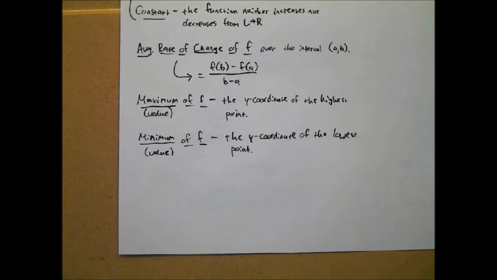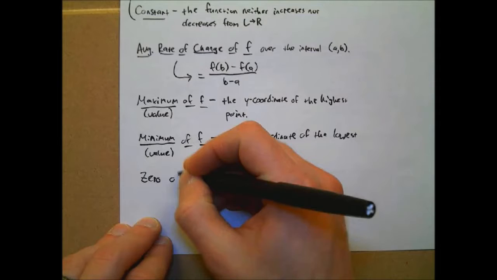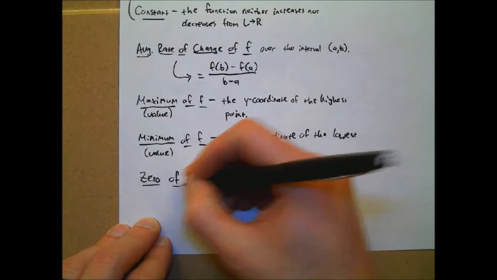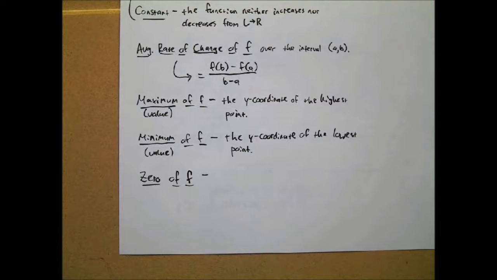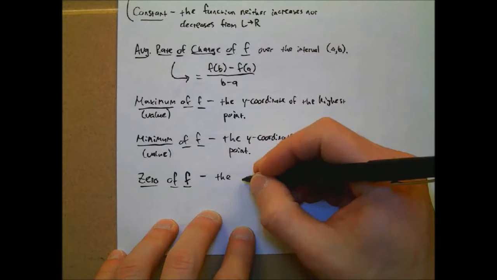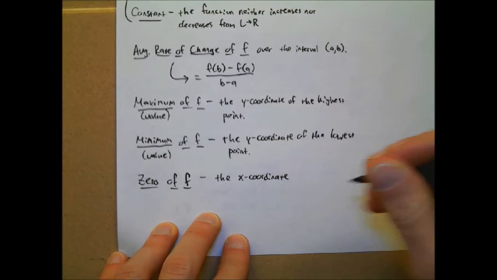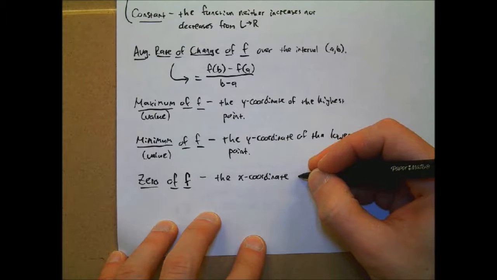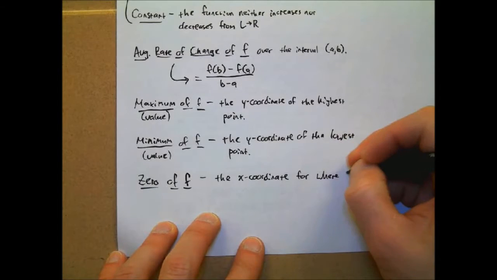And the last thing, a zero of f. A zero of a function there, and that was just the x coordinate for where the graph crosses the x-axis.